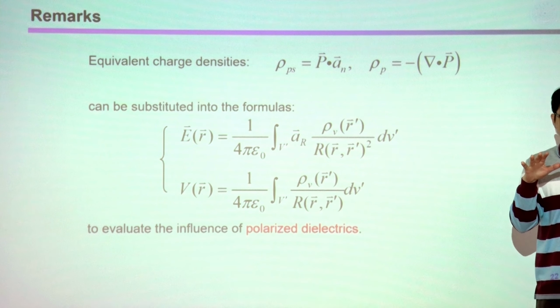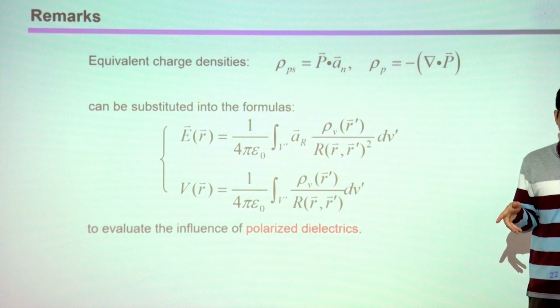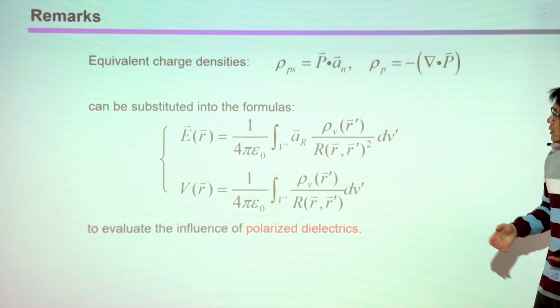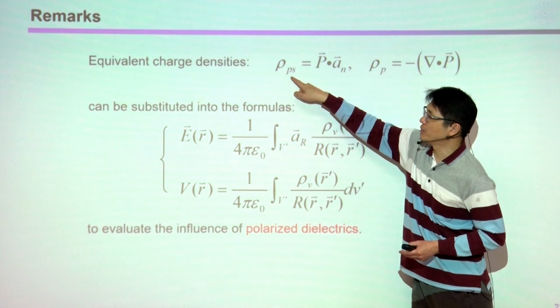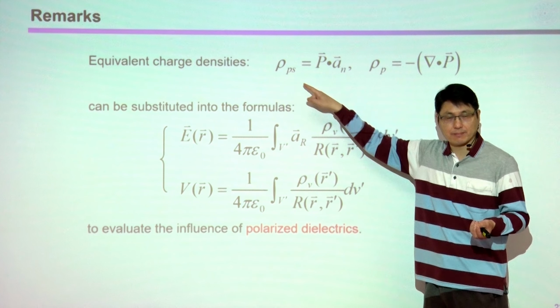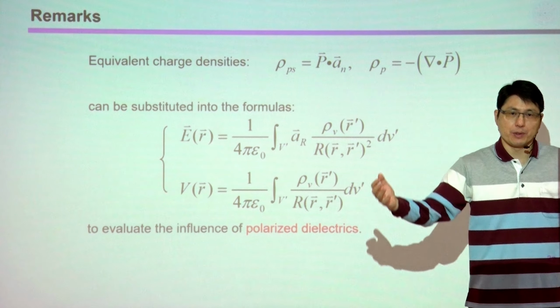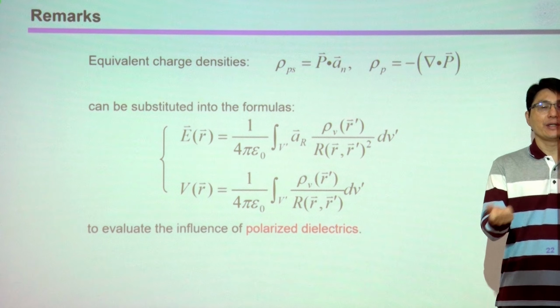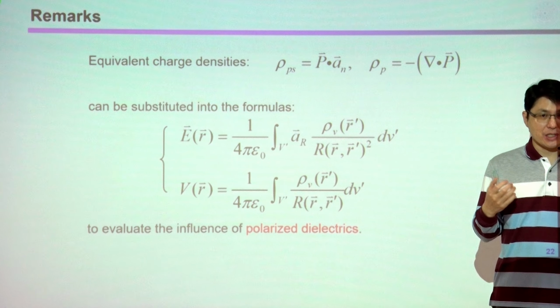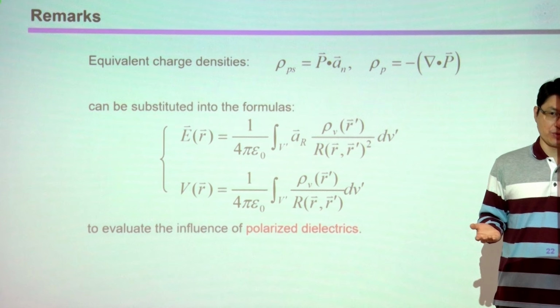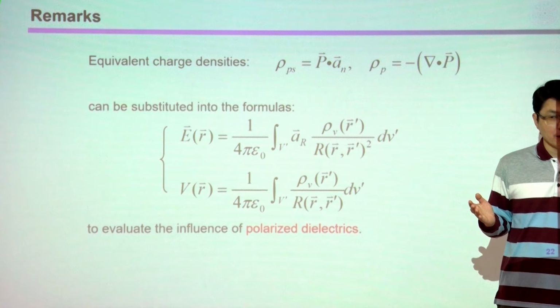From our understanding of Coulomb's law or Gauss's law, whenever you have a non-zero charge distribution, that charge distribution creates its own field distribution, right?